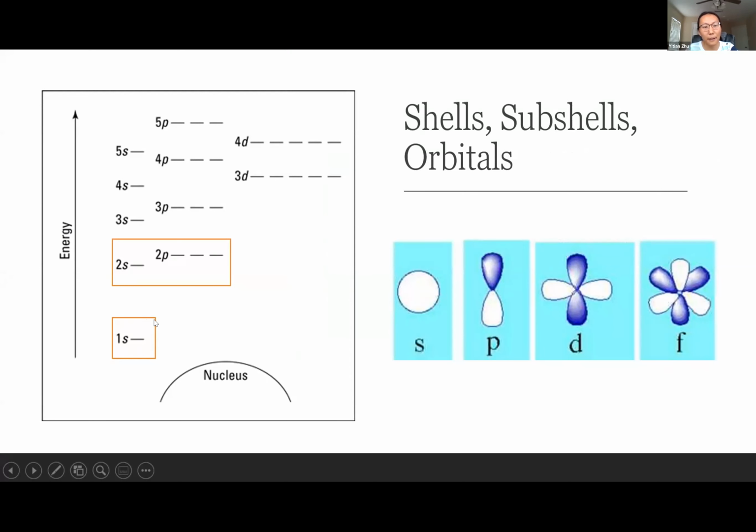A shell, remember, is the thing that I outlined in orange, which means that an atom wants to have 2 electrons in the 1s, because each orbital has a space for 2 electrons. And it likes to have 8 electrons in its outermost shell if it's in a group 2.